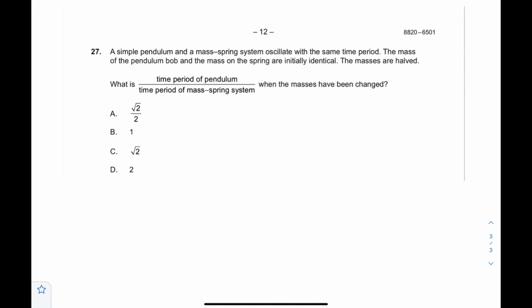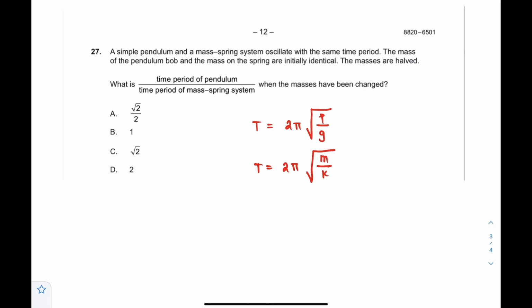A simple pendulum and a spring mass system oscillate with the same time period, okay? So what is the time period of a simple pendulum? We know that this is 2 pi root over L by g, okay, where L is the length of the pendulum. And the time period of the spring mass system is 2 pi root over m by k, where m is the mass of the body and k is the spring constant, okay?